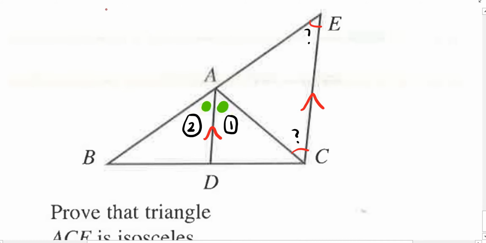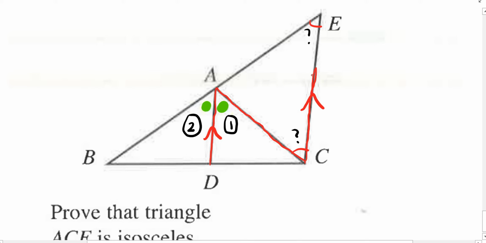I know that you have too many secants, so you have to take only two parallel lines and one secant. I will take these two parallel lines and the secant. AC is going to be the secant. And look at this shape.